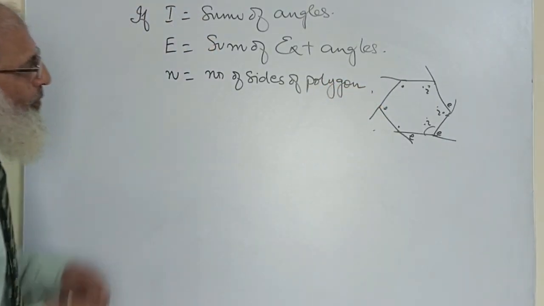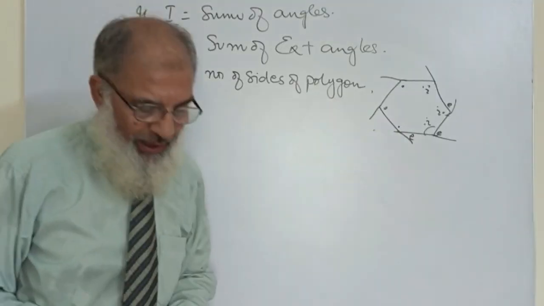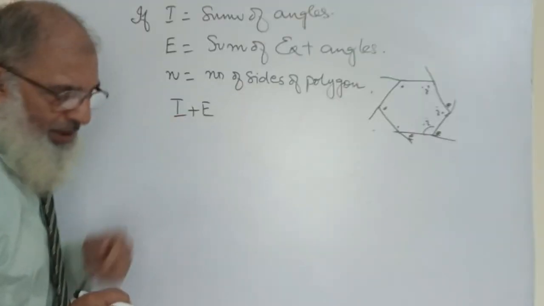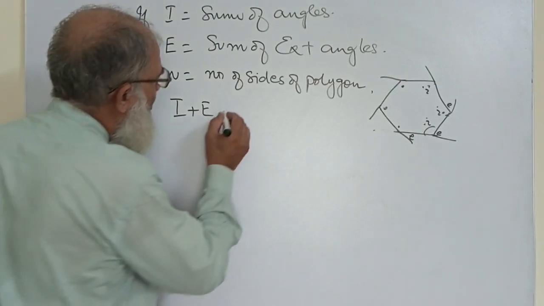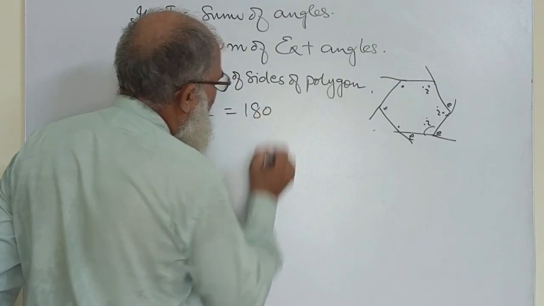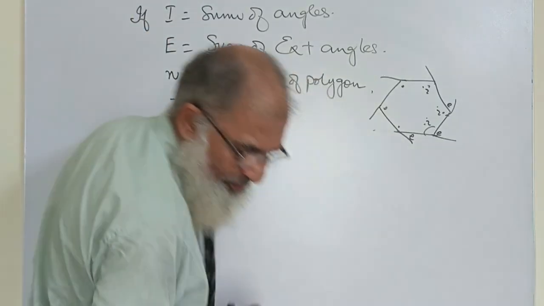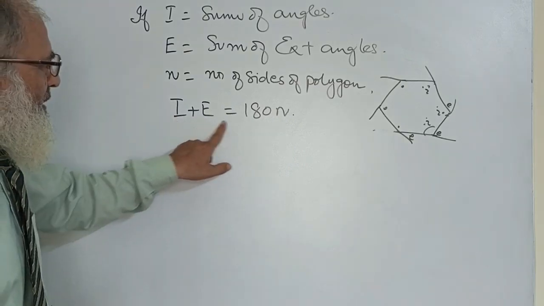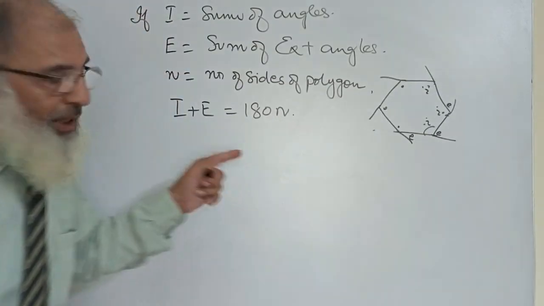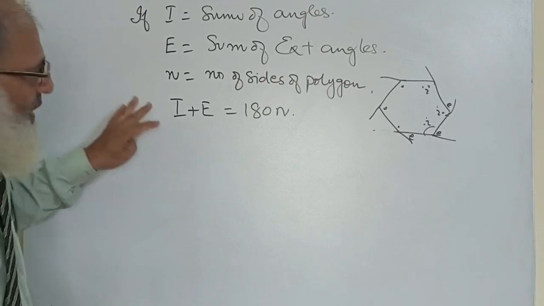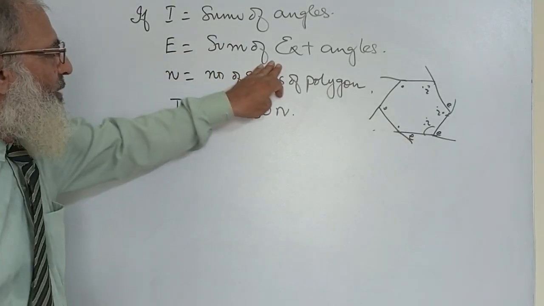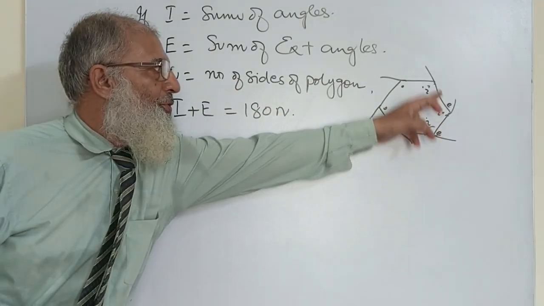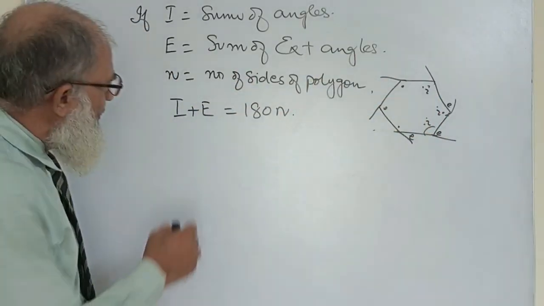So we'll form a formula from this data: I plus E is equal to 180 n, where I is the sum of interior angles, E is the sum of exterior angles, and n is the number of sides, 1, 2, 3, 4, 5, 6, whatsoever it is.